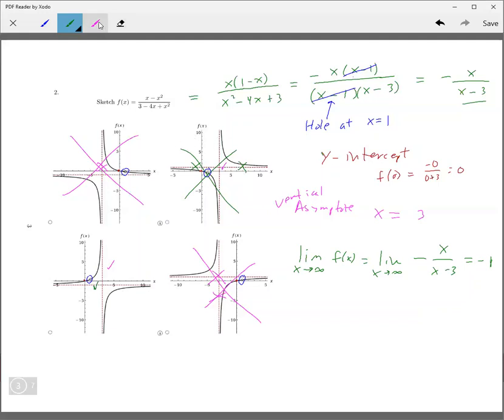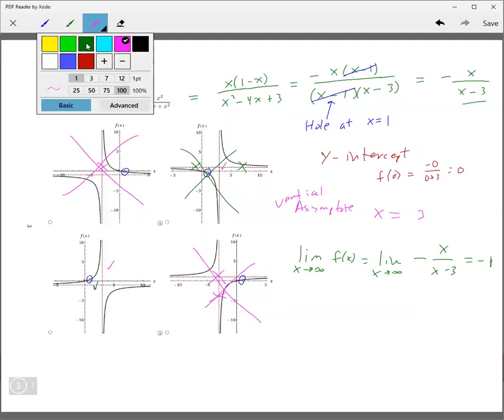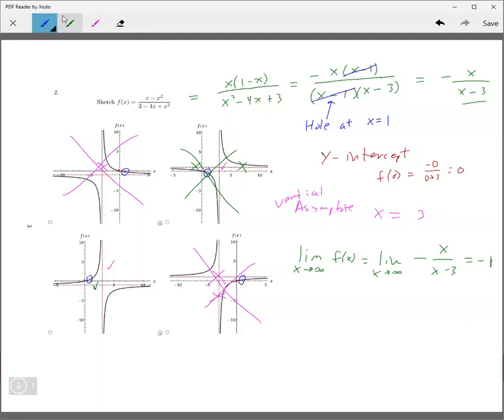But let me show you one more thing, which you would probably go to next, and that would be investigating this vertical asymptote. The limit as x approaches 3 from the right, what's going to happen? So you have -x over x minus 3.